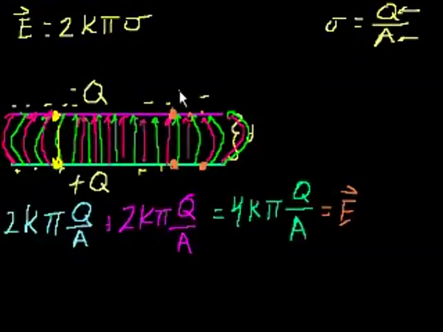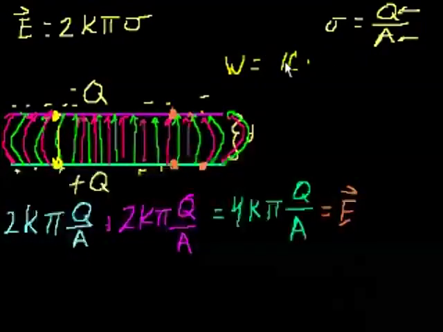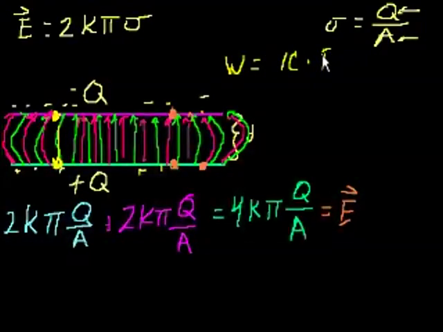Let me write that down. So the work necessary to move a charge from there to there, let's say a 1 coulomb charge, right? It will be 1 coulomb times the electric field, right? Because we're always going to have to be going against the electric field, so we have to apply an equal and opposite force. So far this just generates us force. Coulomb times electric field, charge times electric field, tells us the force on the charge, right?